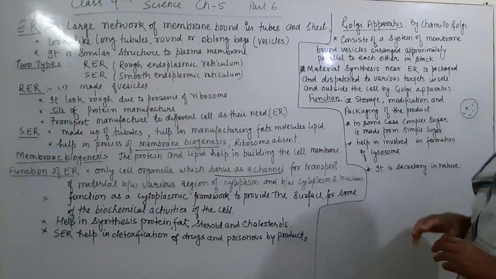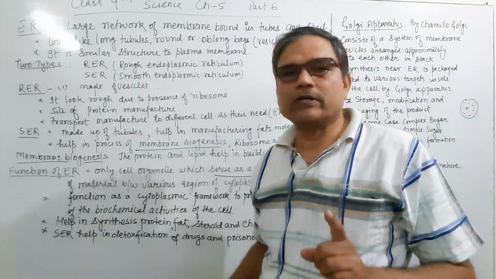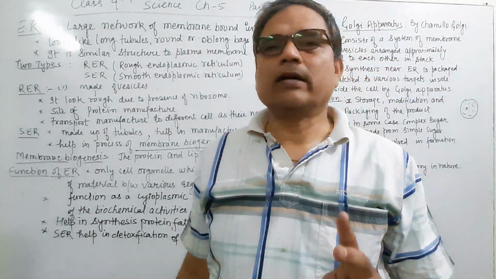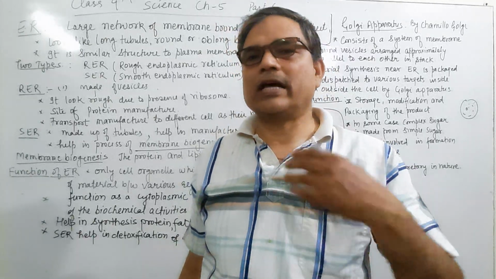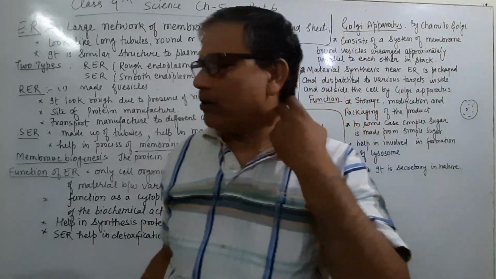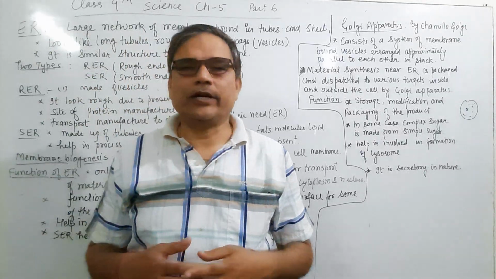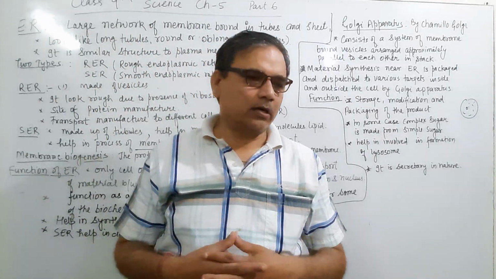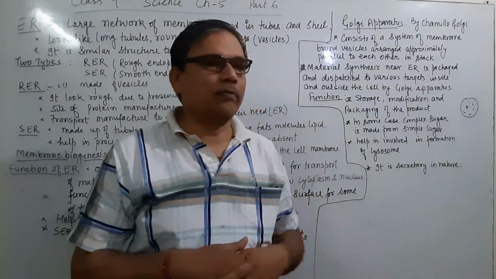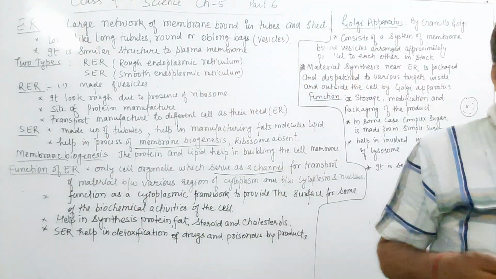This is the second cell organelle; the first one is the endoplasmic reticulum, the second is the Golgi apparatus, and the next cell organelle we will study in the next class. Revise properly.